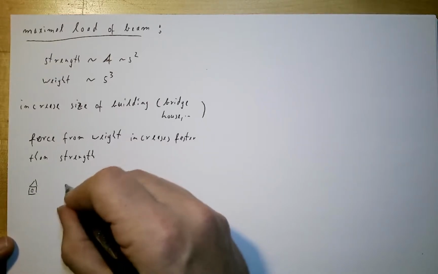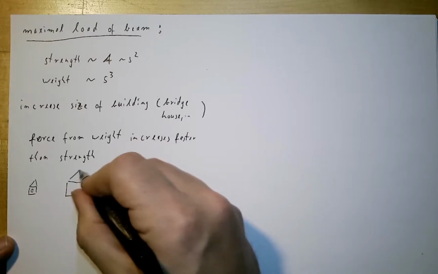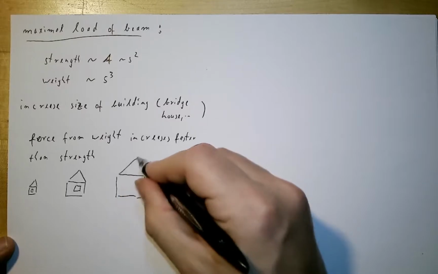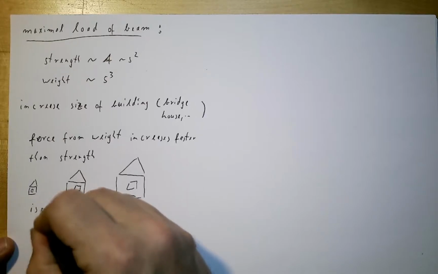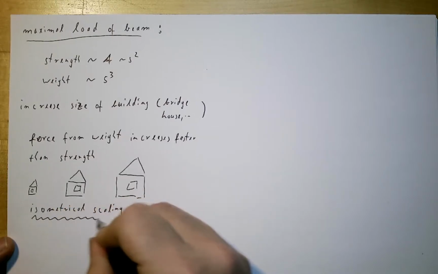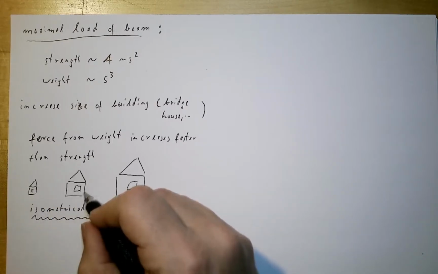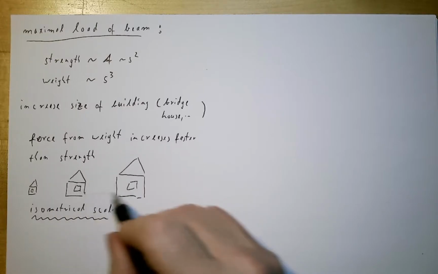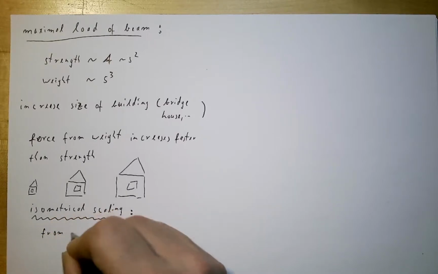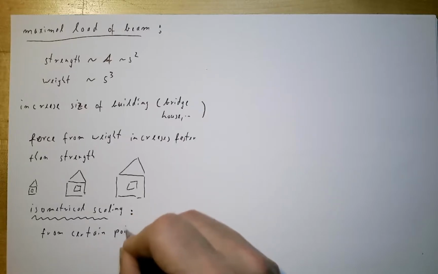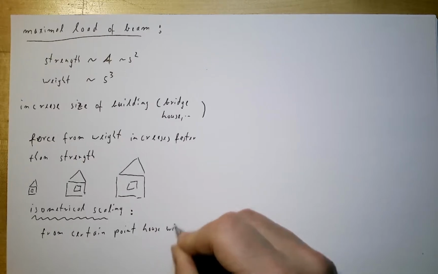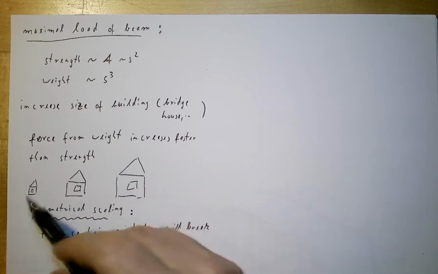If you now scale the same house, make it a bit bigger and make everything isometrically bigger, and then again bigger and bigger, with such an isometrical scaling, which means all ratios and proportions in the house stay the same and we just make a bigger version of the house, from a certain point this will be unstable and the house will break together. Or your bridge or whatever.